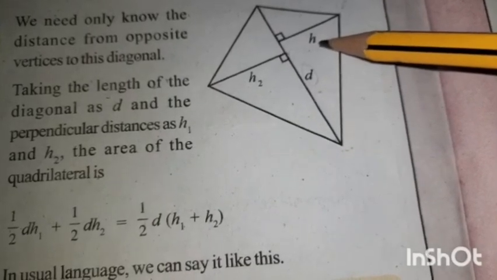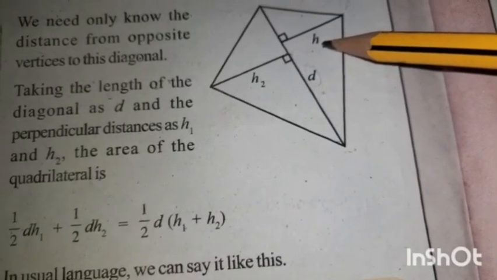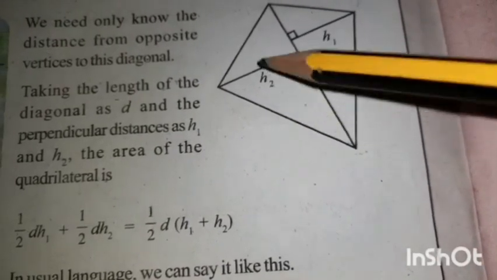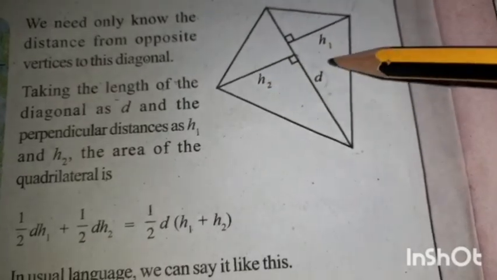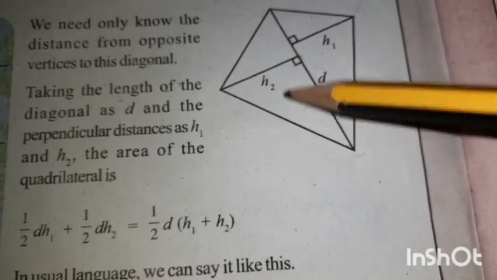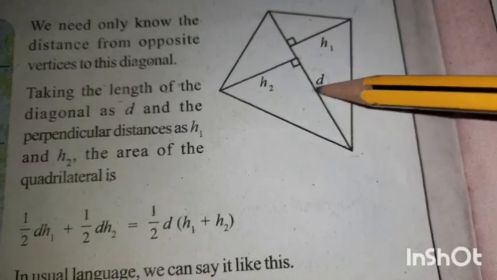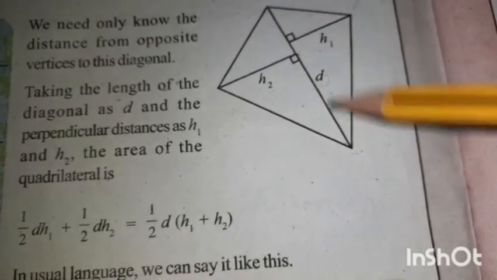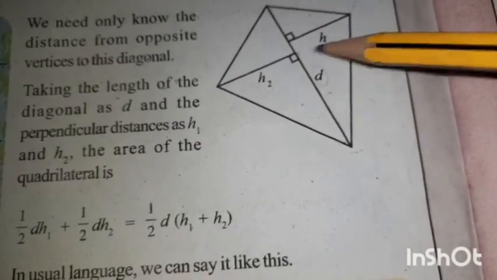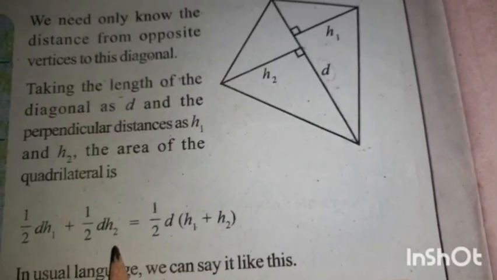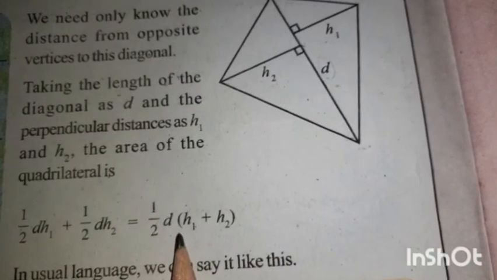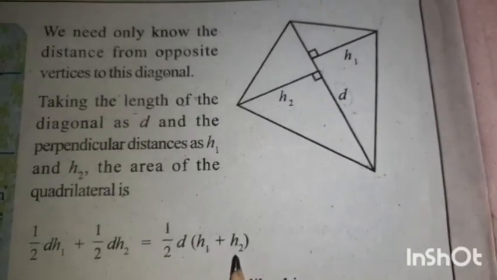The area of quadrilateral is equal to area of this triangle plus area of this another triangle. Area of this triangle is half into d into h2, and half into d into h1. So half into d h1 plus half d h2 is equal to half into d into (h1 plus h2). Same like the previous one.